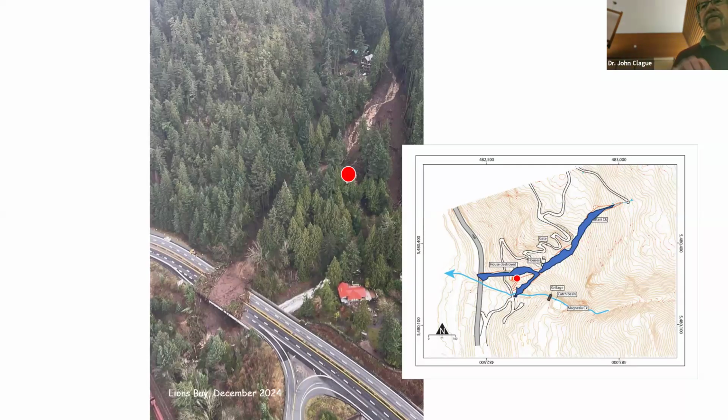So it started out as a very, very small failure, but it bulked up as it went down this steep slope, reached the channel of the creek, and then took off at very high velocity down the creek and across the highway. And that little red dot on that image is the house above the level of the stream.